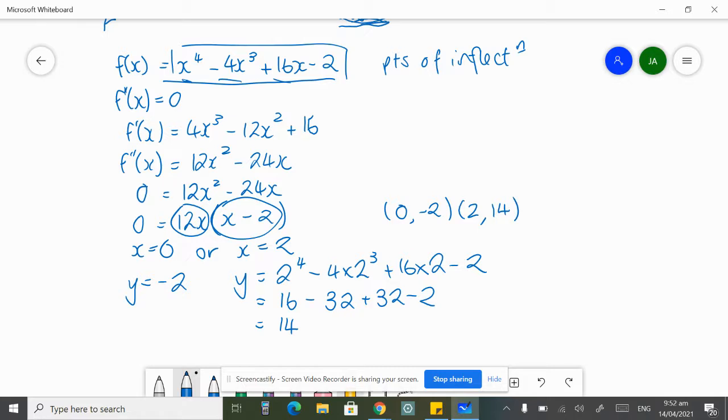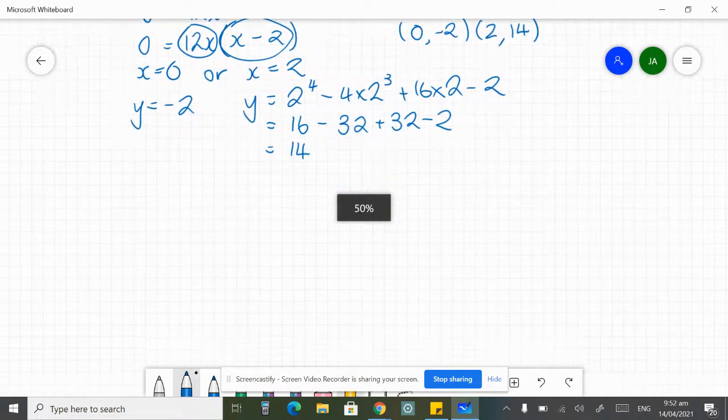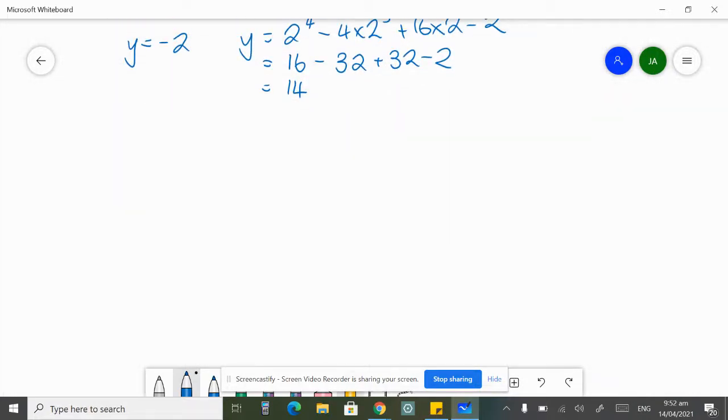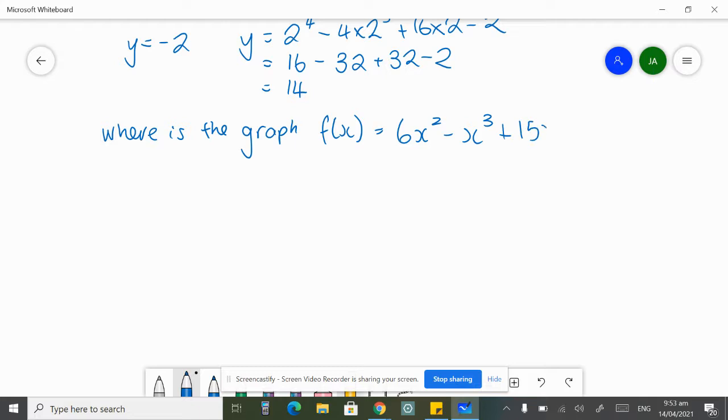Okay, we'll just have a look at another twist on a question like that. So now we're going to find out where the graph f of x equals 6x squared minus x cubed plus 15x minus 2 is concave up.